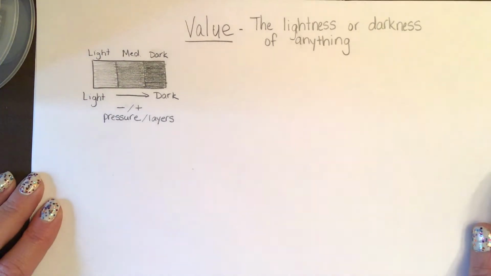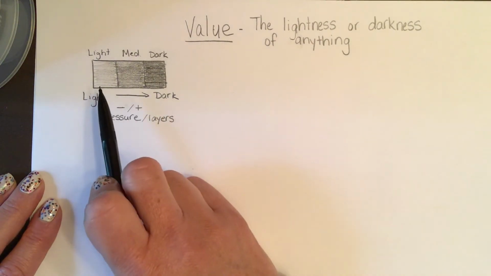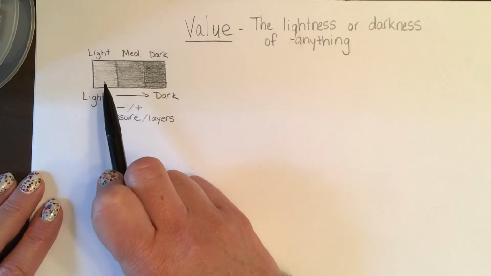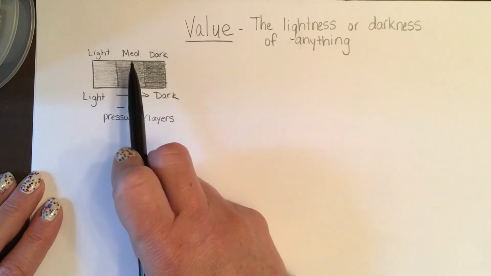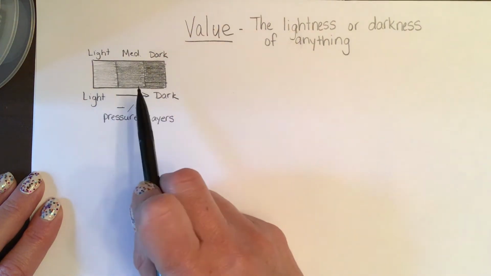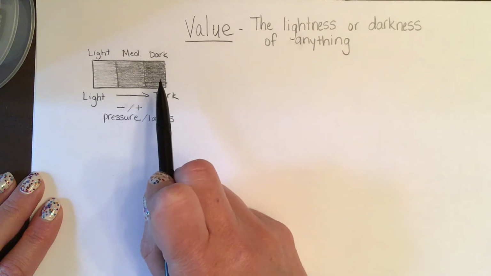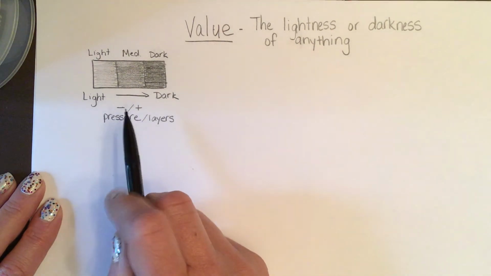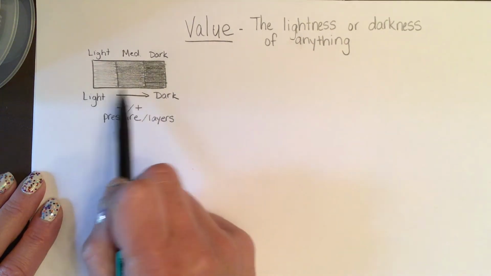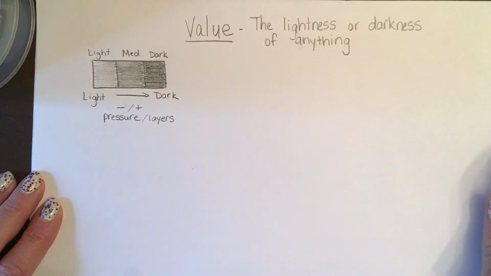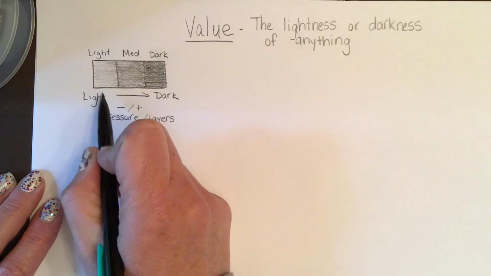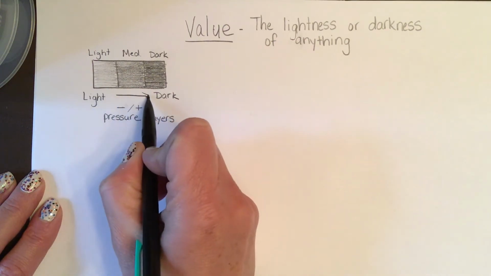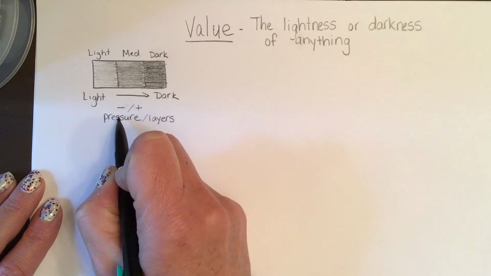So back in 2nd grade, what we did was a simple value scale where I showed you 3 parts to it: a light value, a medium value (MED stands for medium, I shortened it), and then a dark value. We did what was called a value scale, this rectangle with those boxes. When we did our value scale, we created the lightness or darkness in 2 ways.